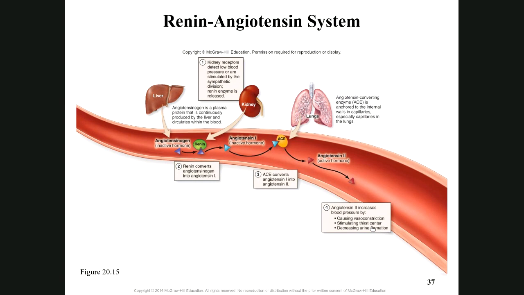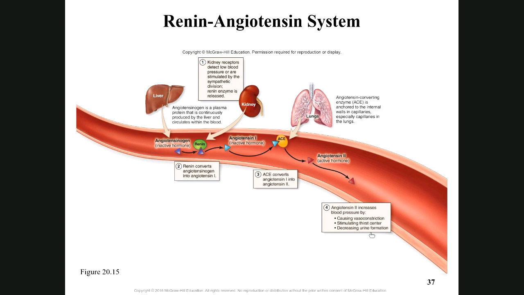The other thing happening is releasing ADH, or anti-diuretic hormone, from the posterior pituitary gland. The posterior pituitary gland starts to secrete ADH. ADH prevents making urine, or it can decrease the amount of urine. It retains water in our body. By retaining water, the amount of blood goes up and the blood pressure increases.